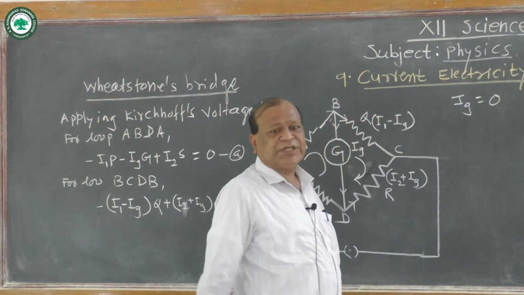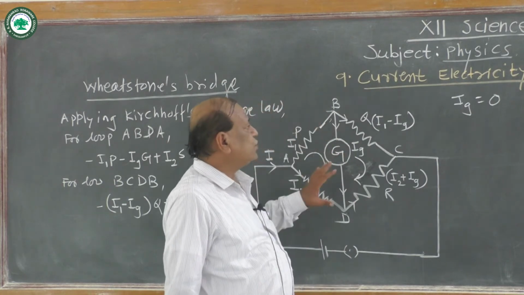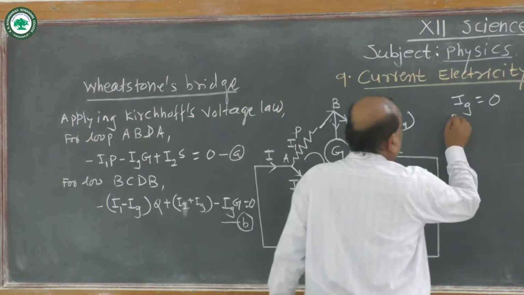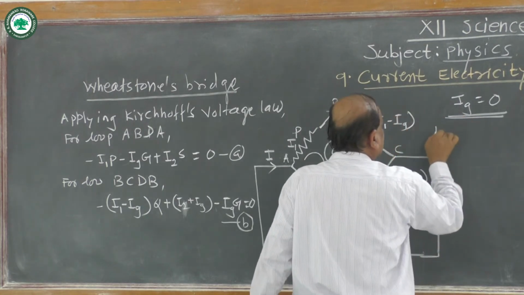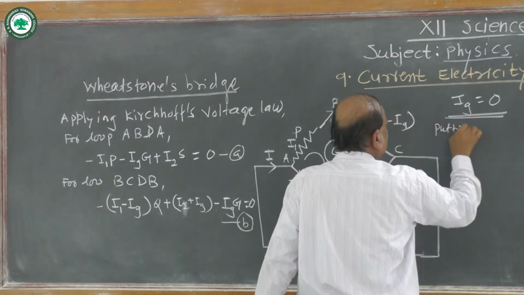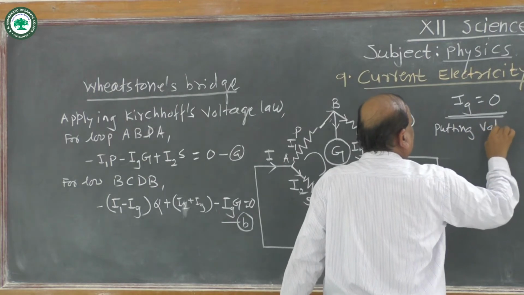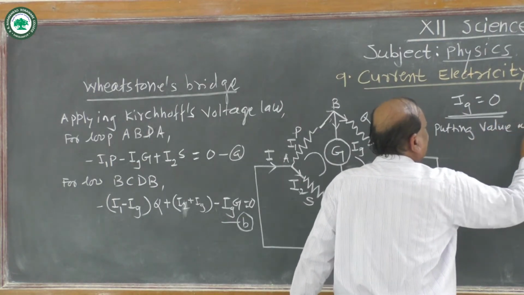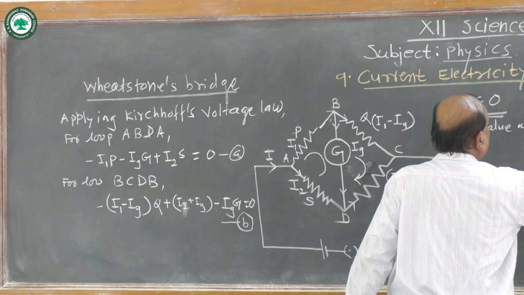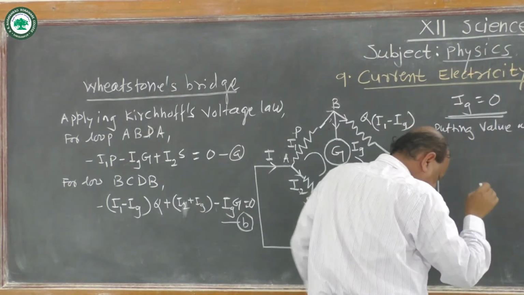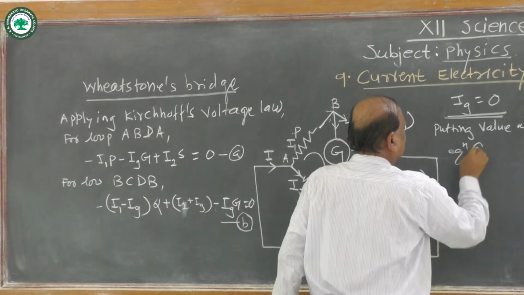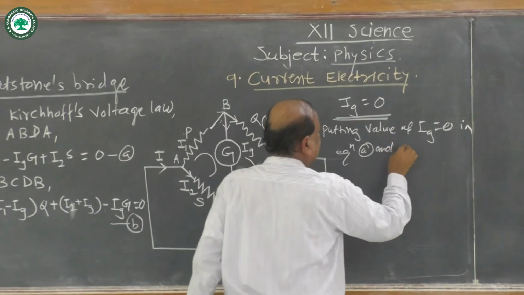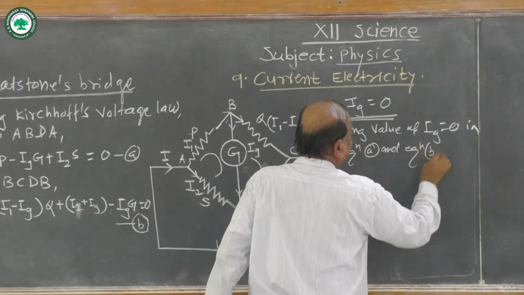This is the balancing condition for this Wheatstone's network. Putting the value Ig equal to 0 in equation A and equation B.